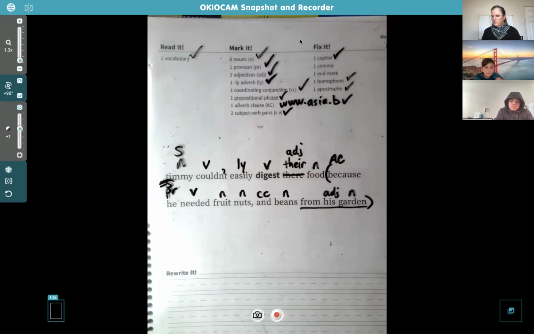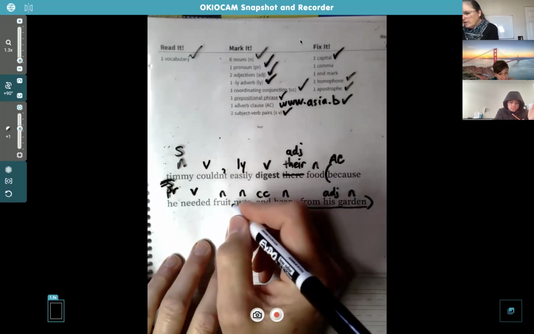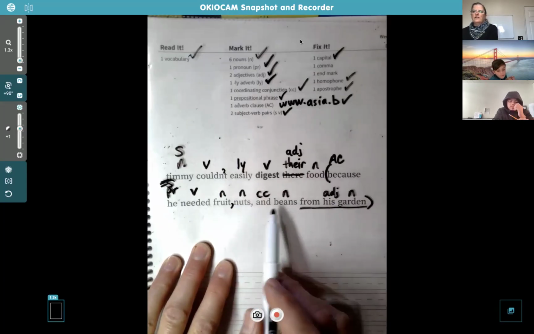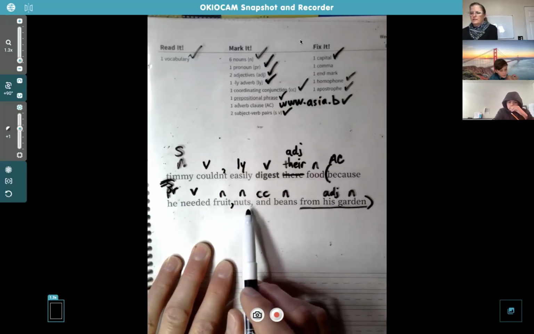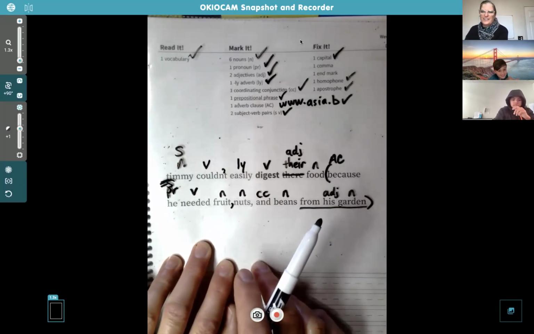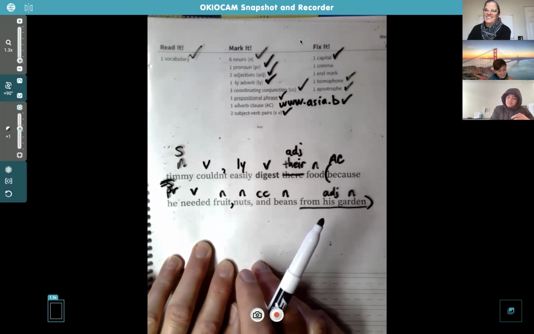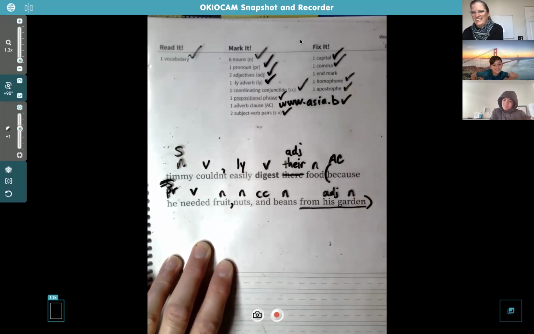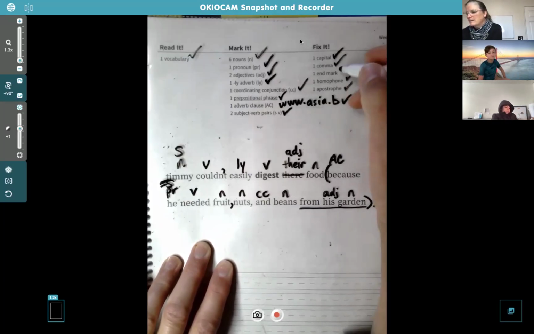It's in between fruit and nuts. Yes, you got it. Because we're listing three things right here, we need commas between. So fruit, comma, nuts. I thought fruit nuts was like one thing. Yeah, I know. It does sound like it could be, but they're different. Fruit nuts. There is such a thing, actually. Is there? Okay. And then the end mark is right here, just a period.